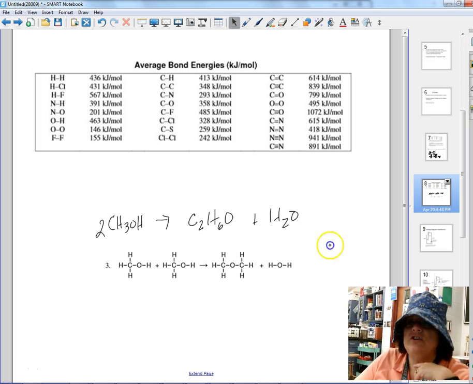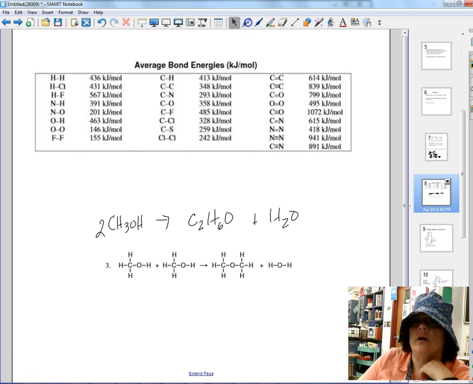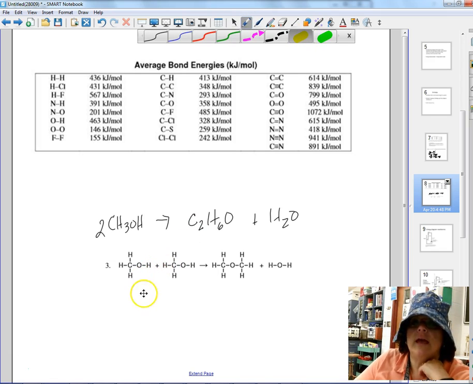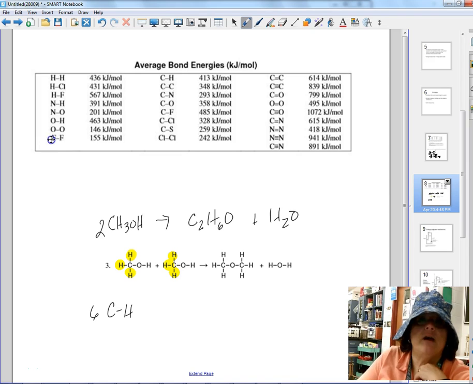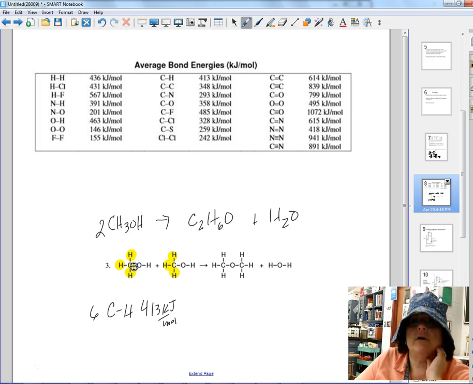Okay, but notice how much easier it is to identify the bonds that you need to count. In this first compound, we have 1, 2, 3, 4, 5, 6 CHs. So we're going to have to multiply 6 times the energy it takes to break that bond. CH, 413. Now we also have a CO, and we have two of them.